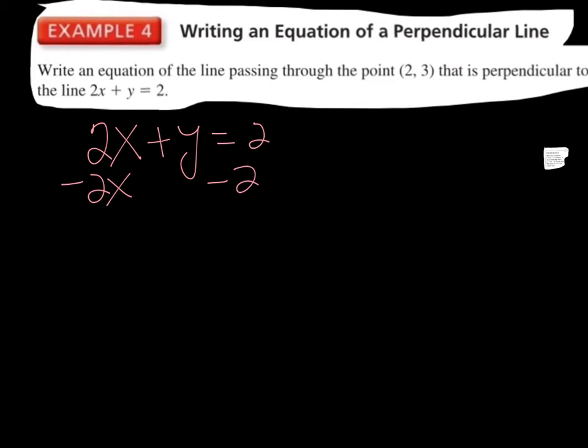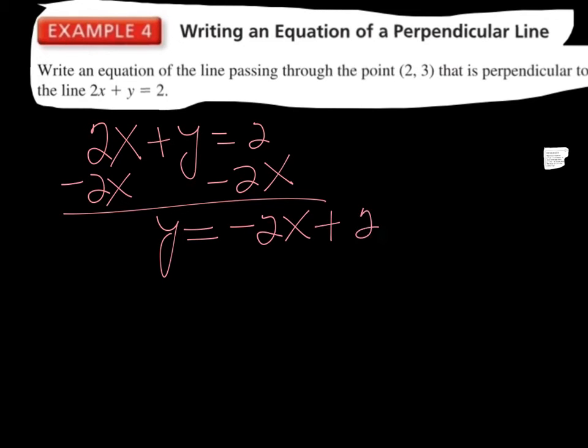slope-intercept form. To do that, we're basically just going to solve for y. So negative 2x plus 2. Now if you notice, it is in that form y equals mx plus b. All I'm really concerned with right now is, what is the slope?